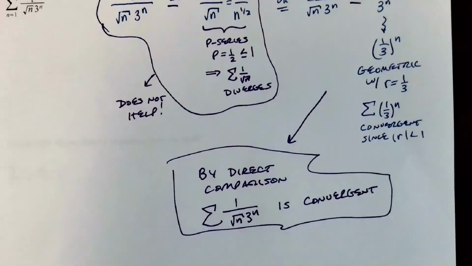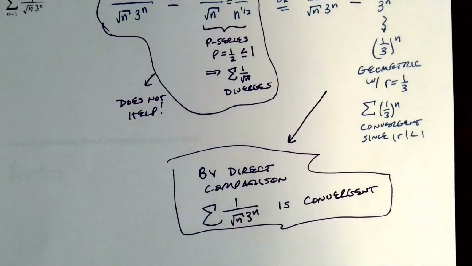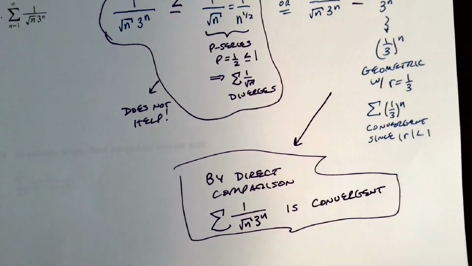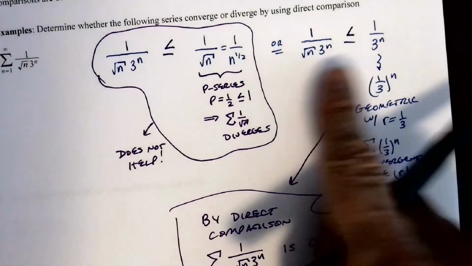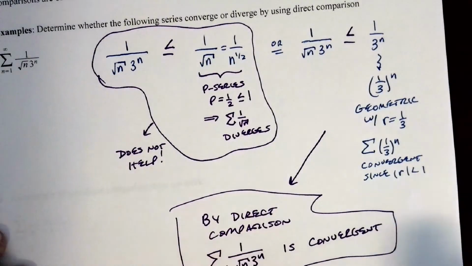I'm not able to determine a sum for this series, but I am able to determine whether or not it is convergent. By direct comparison, we compare it to a series we know converges, and all our terms are less than or equal to that, so it's also going to converge.